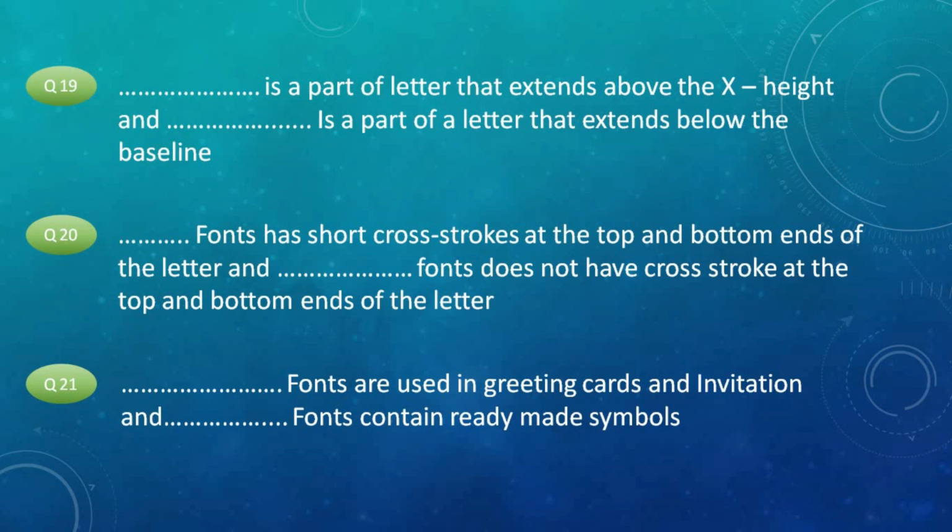Dash fonts are used in greeting cards and invitation, and dash fonts contain ready-made symbols. Answer is, ascender is a part of letter that extends above the X height, and descender is a part of letter that extends below the baseline.